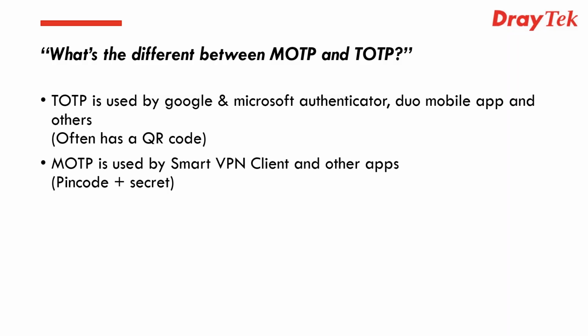So that's that one. MOTP is a slightly different but similar mode, but that's used by the Smart VPN client and some other apps. There's generally a PIN code and a secret that you have. The PIN code is to synchronize the dongle, and then the secret is something that you need to type in.